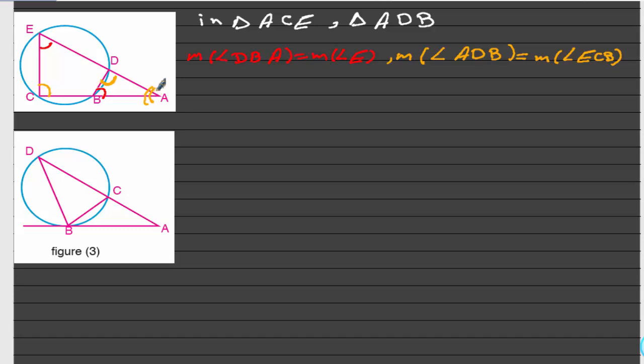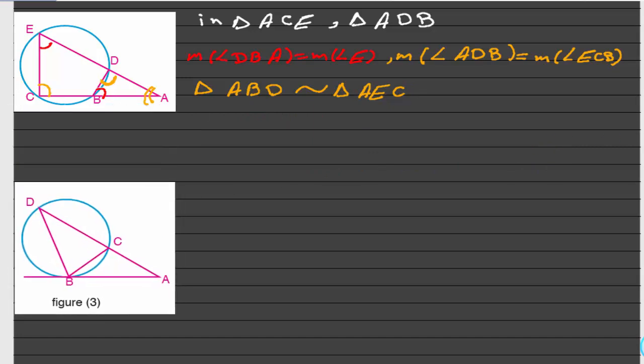So the two triangles are similar, and we can write triangle ABD is similar to triangle AEC. So the corresponding sides are proportional. And I write the proportion here.